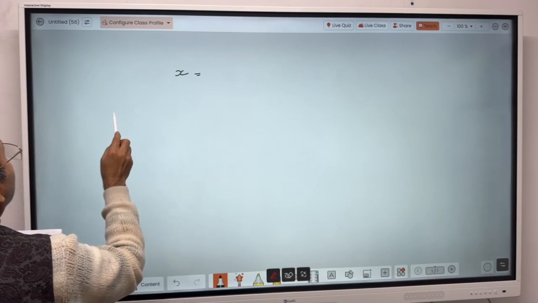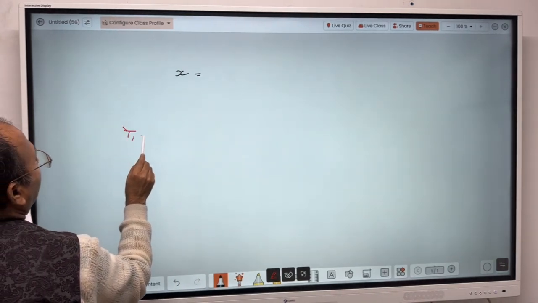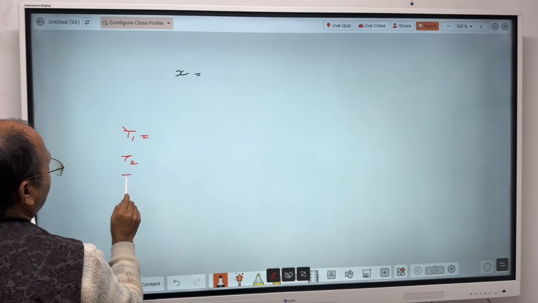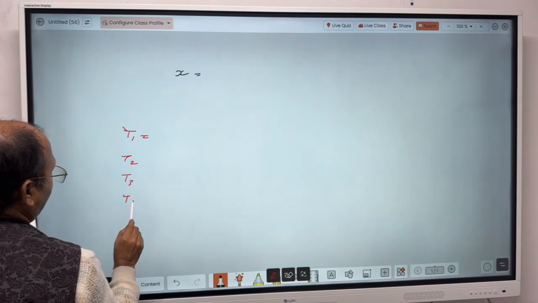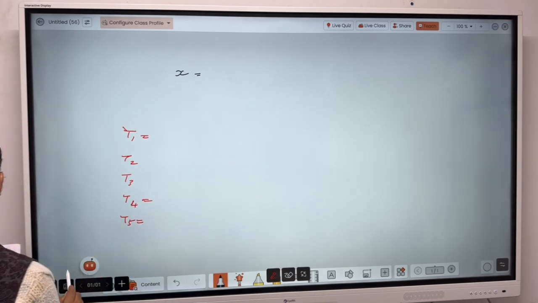Another question: for measuring time period, different values are given, like T1 is given, T2 is given, T3 is given, T4 is given, T5 is given. Values I am writing.